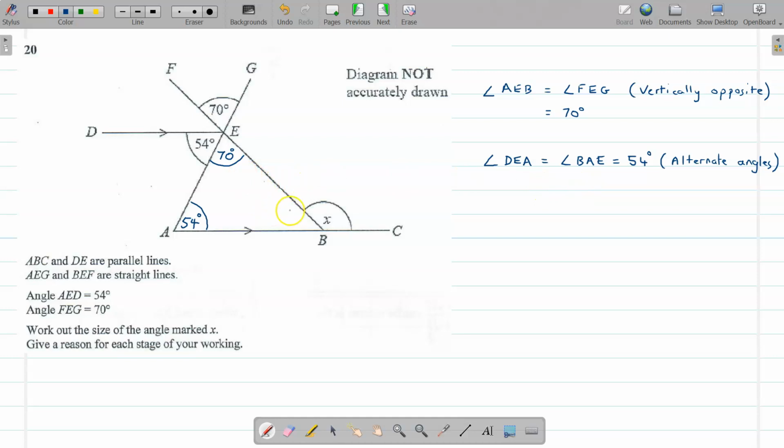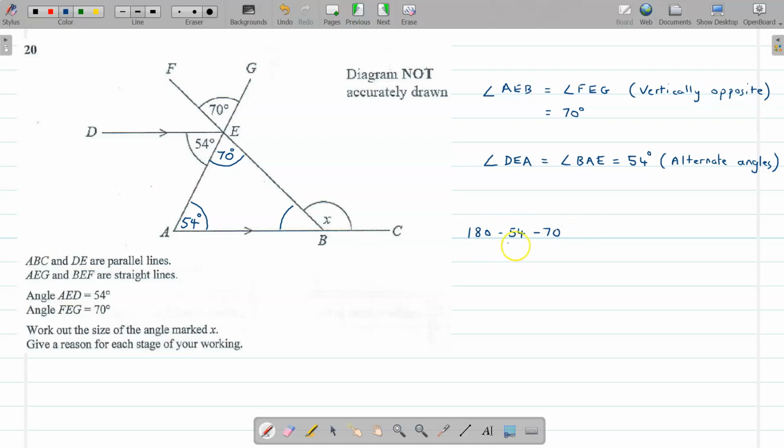And then finally we can work out this angle here, which is going to be equal to 54 and 70 taken from 180. So we've got 180 minus 54 minus 70.